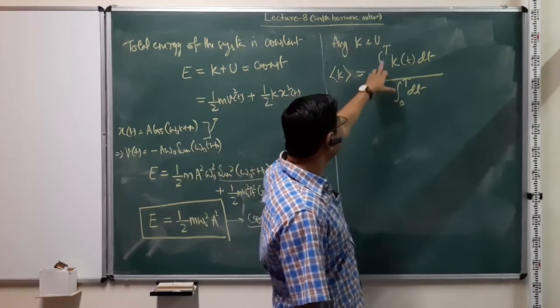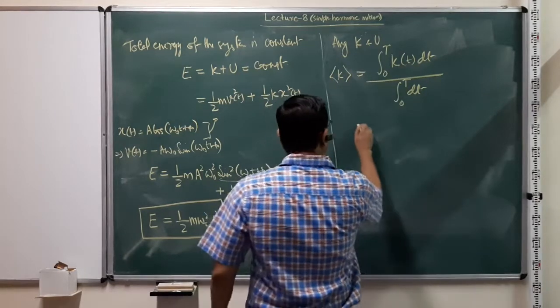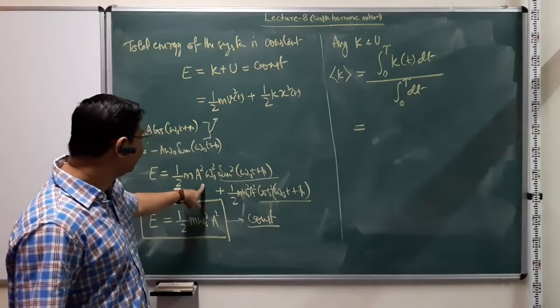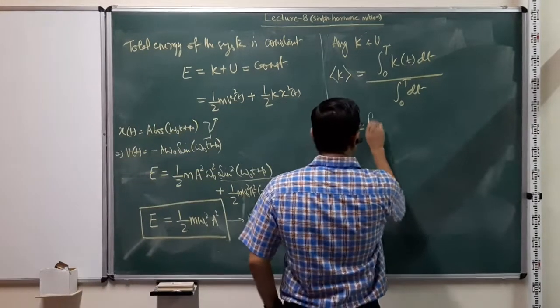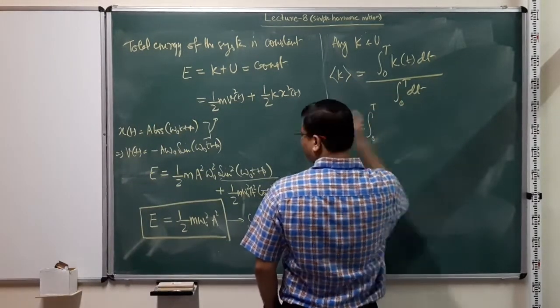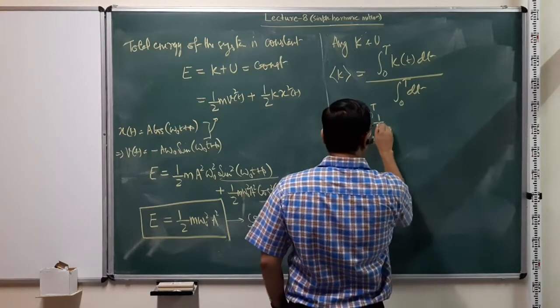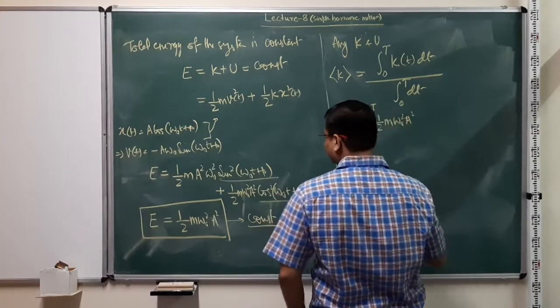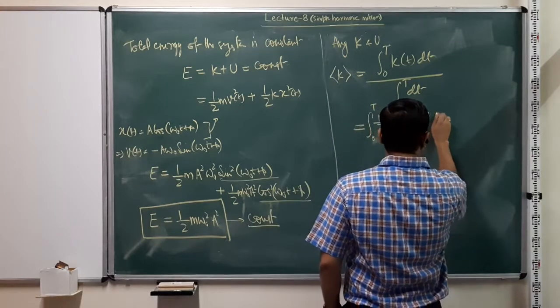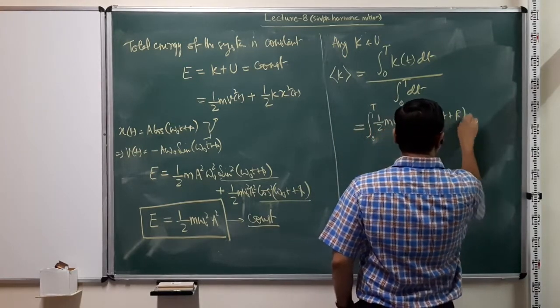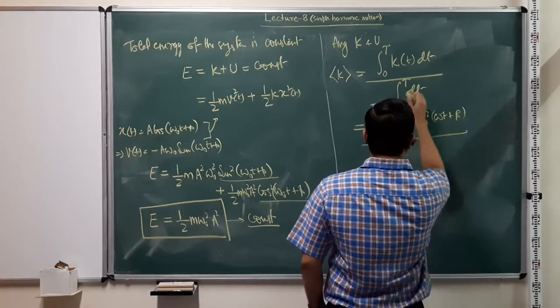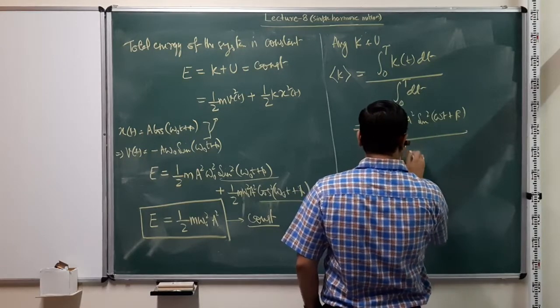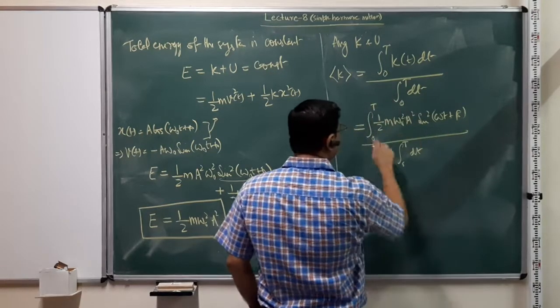So average kinetic energy is given like this, and now we can find it because we already know the kinetic energy as a function of time. Integral 0 to T, and instead of K(t) we simply put half m omega naught square a square sine square (omega t plus phi), over integral of 0 to T dt, right?